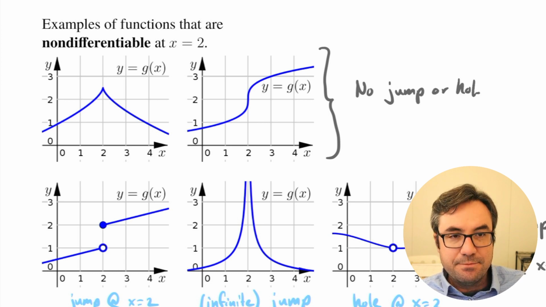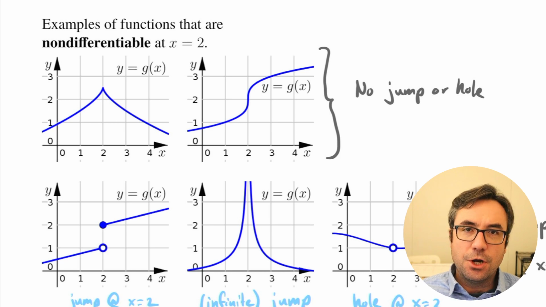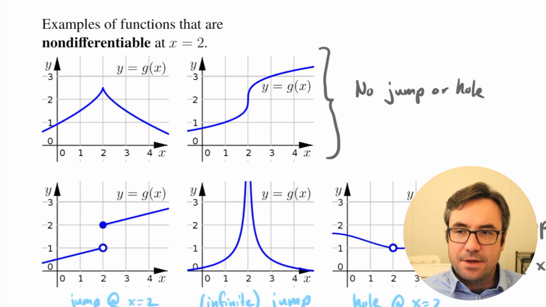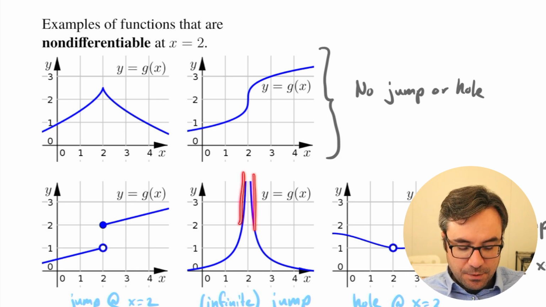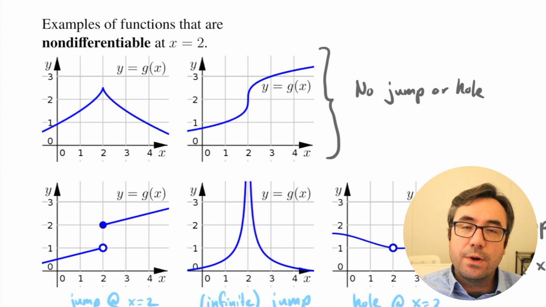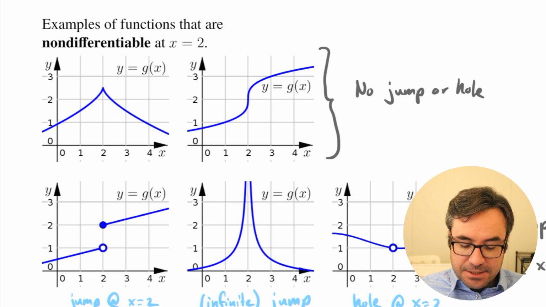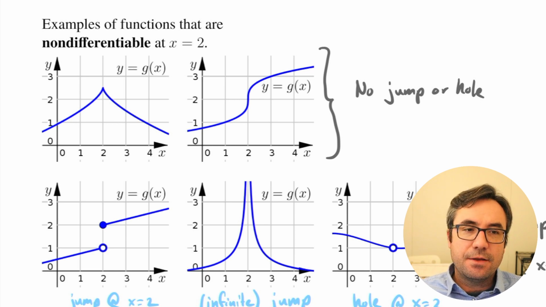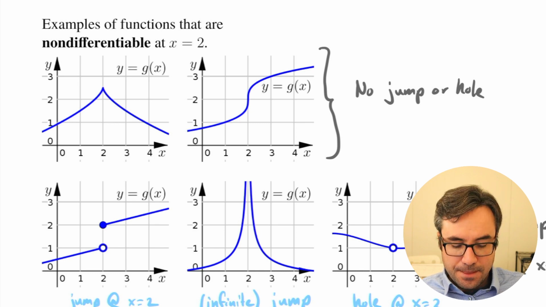There's no point that's missing. There's no infinite jump where we would have a vertical asymptote. But what's going on is in each of these there's really a sudden change, a really drastic change in the slope of our curve.